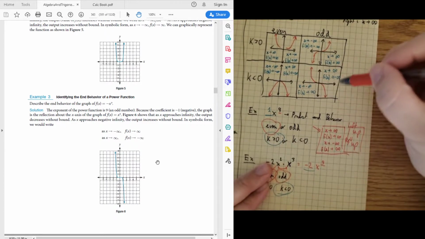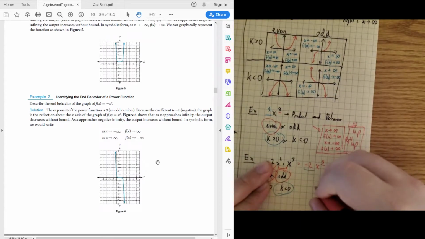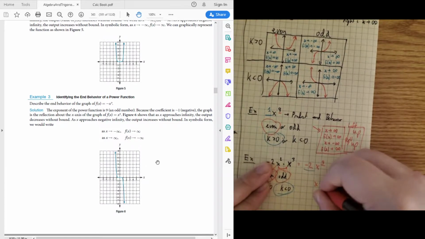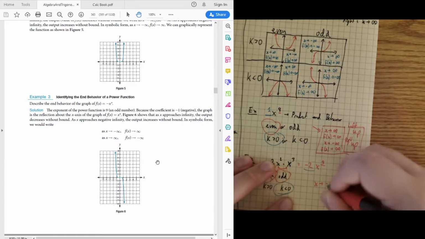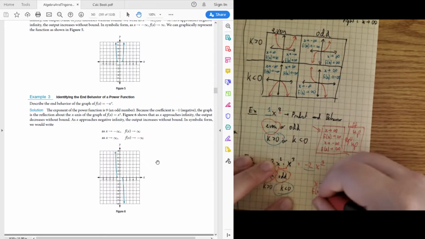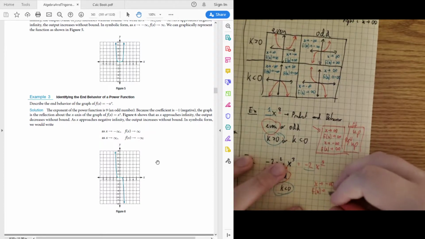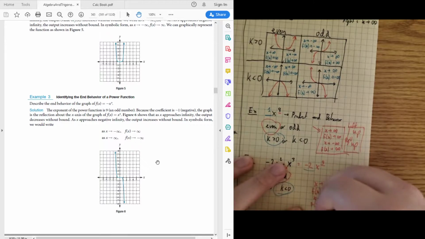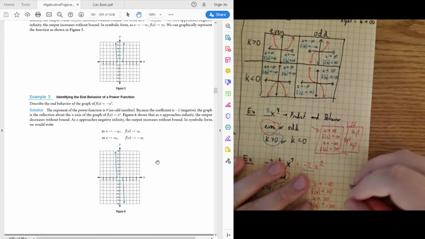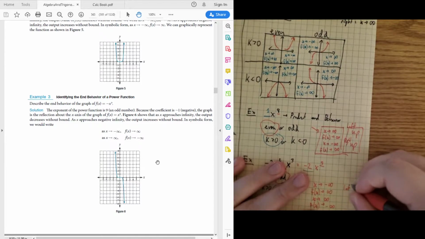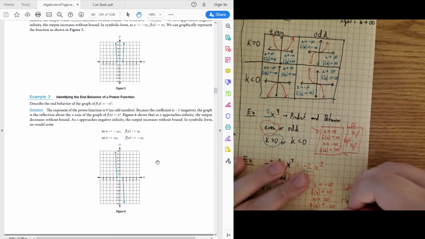That tells me it's going to have this end behavior, which tells me we have x goes to negative infinity, f of x goes to infinity, x goes to infinity, f of x goes to negative infinity. Or the shorthand version is left up, right down.